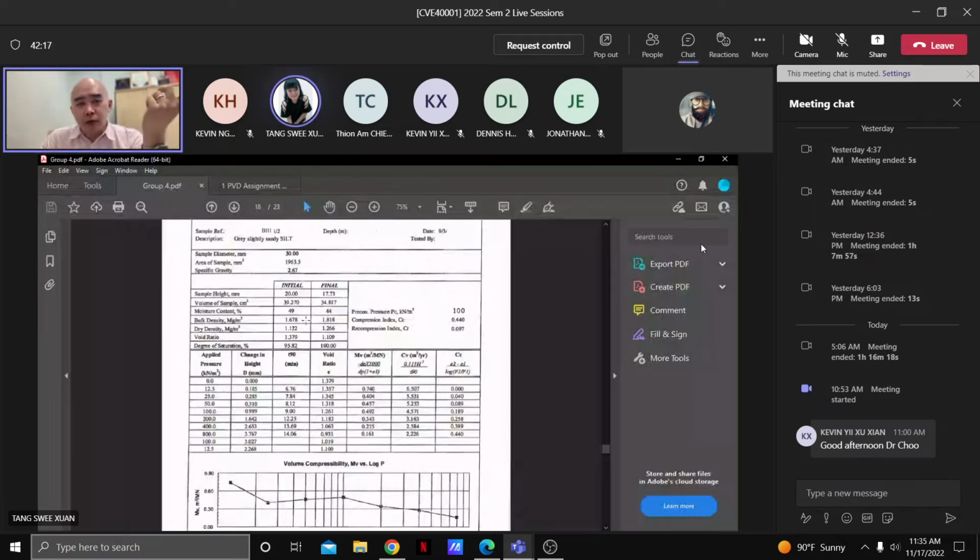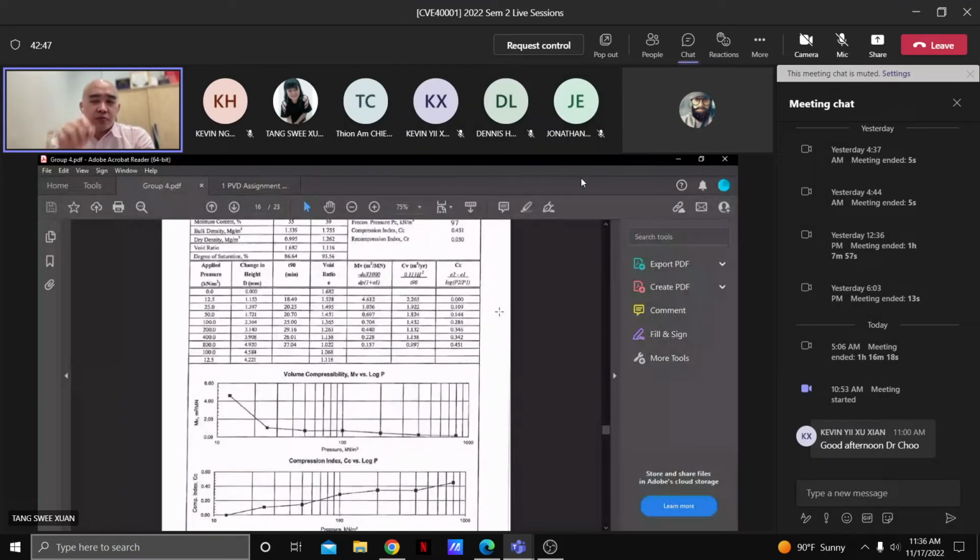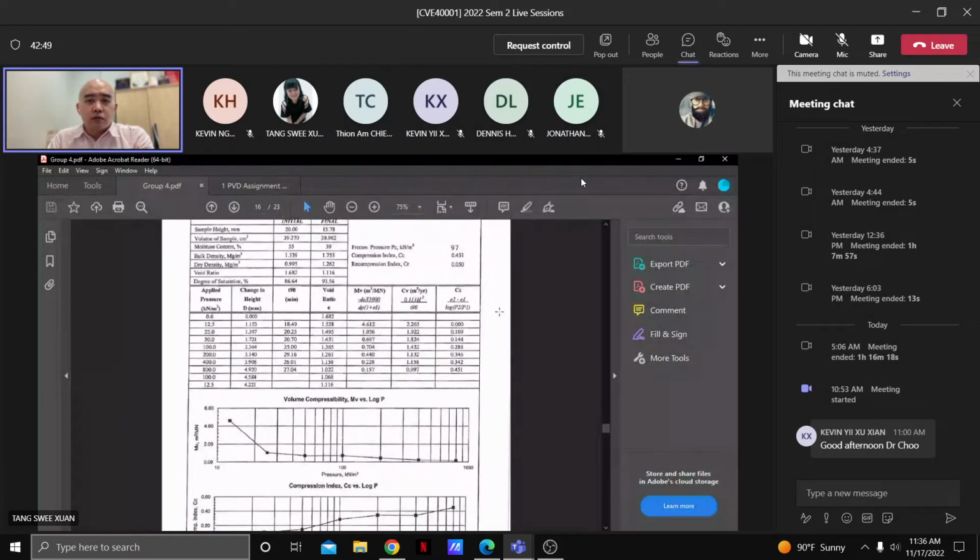Okay, so go to the borehole log now. Go to the log for borehole 1. I think there might be a bit of a lag. I'm still seeing your consolidation test result. You go to the borehole log, the one that shows the depth and then the SPT and all this.